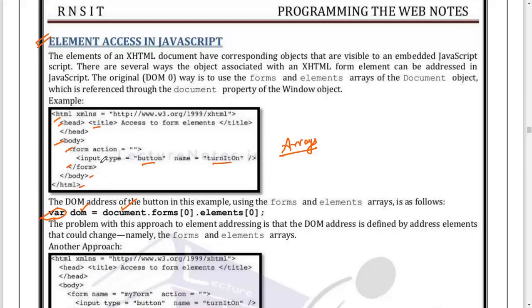Now I want to access the information present in this button. To do that, in JavaScript I use a variable, followed by the document object, and this will be followed by forms. So form 0 will represent the elements, as you can see from top to bottom, this is the first form.